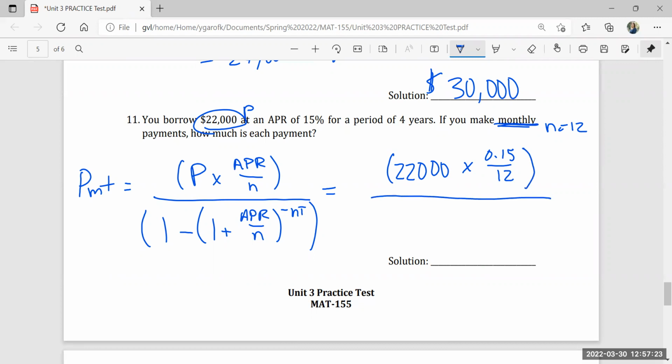And then we're going to be very careful on our bottom here. 1 minus 1 plus that same 0.15 over 12. So the negative 12 times, we are paying it for 4 years. So T is going to be 4.